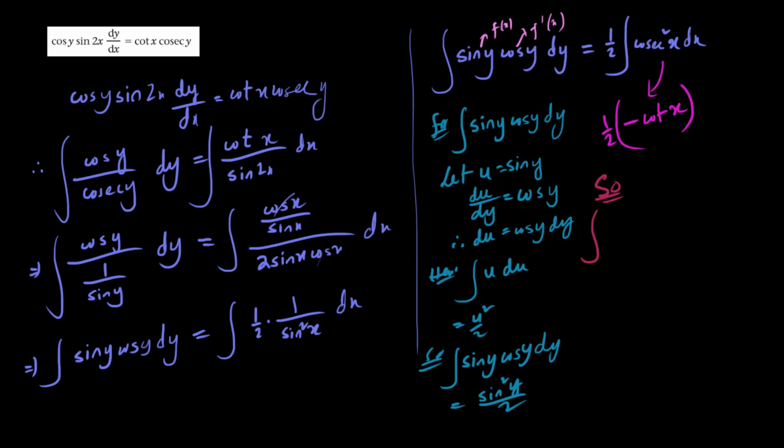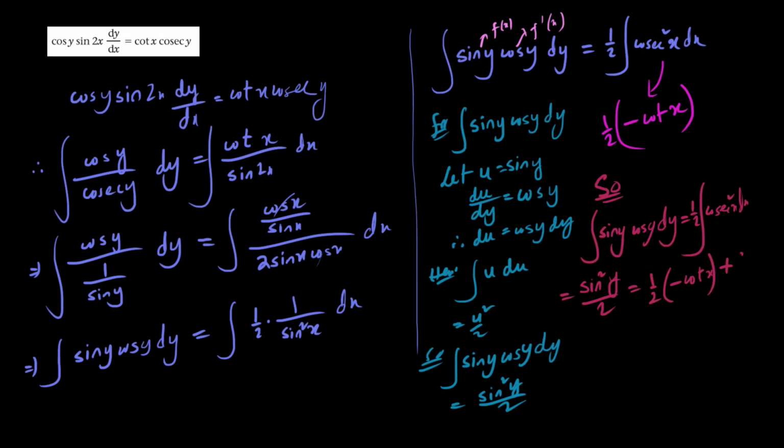So the integration of sin y cos y dy equals the integration of half cosec squared x dx. So on the left hand side, sin squared y by 2 equals, on the right hand side, half times minus cot x, and we have to write a constant over here, plus c.